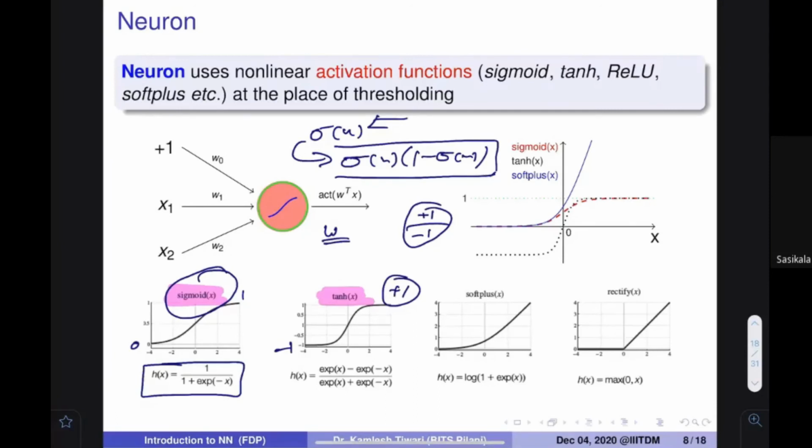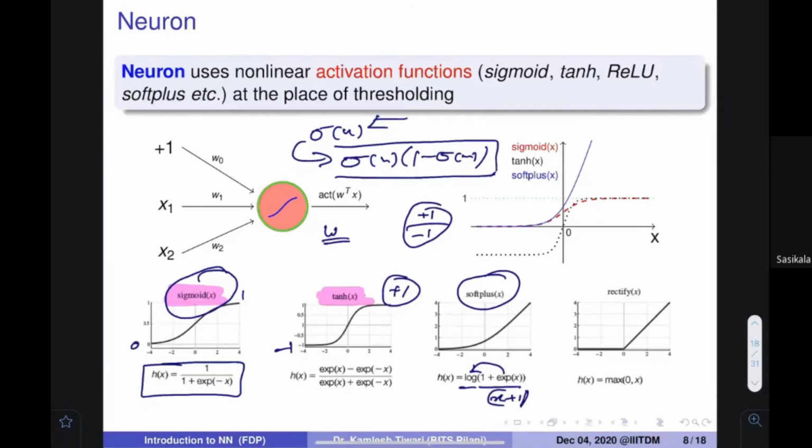The third thing is softplus, which is actually a better function: log of 1 plus e to the power x. You know that if you take e to the power x and then apply the log, it gives you x. Since you are adding 1, something different comes over here.